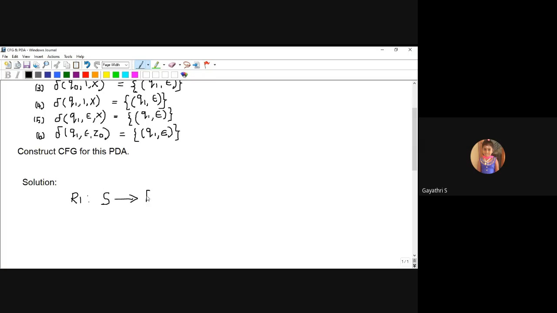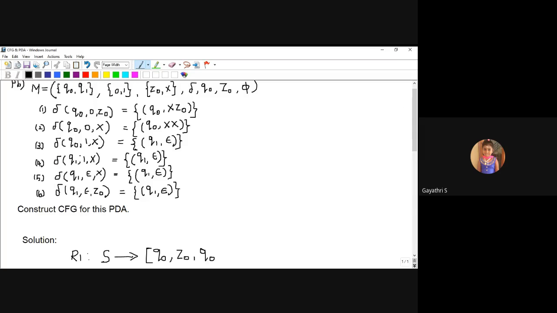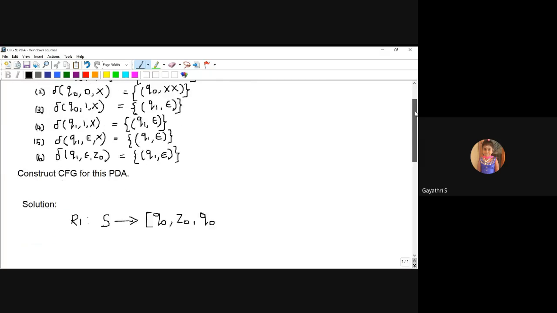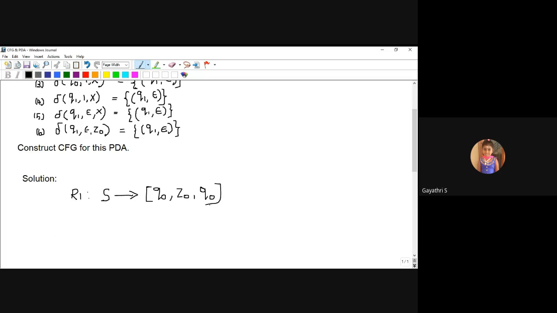Then it has triplets, which means the starting state Q naught, the initial stack symbol Z naught, and a state. From these mappings, only two states are possible: Q naught and Q1. So for the first initial rule, the third element of the triplet is Q naught.